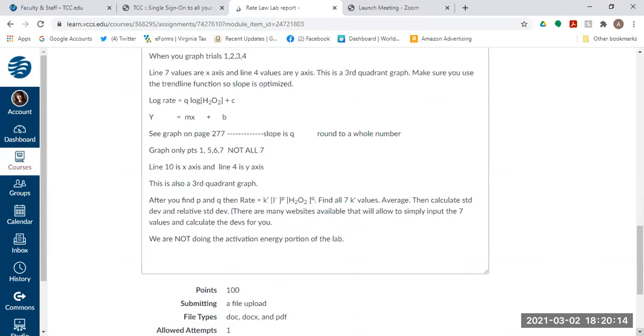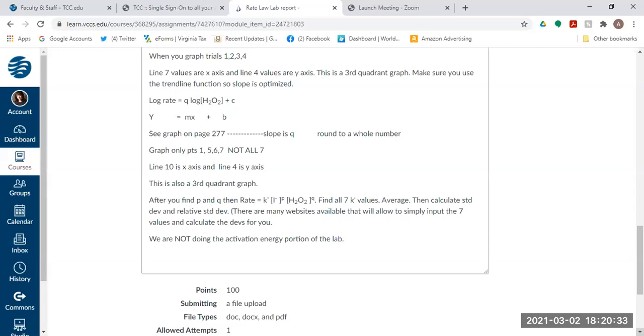I will also tip you off: they're all relatively small values. Average them. And this is one of the very, very few reports where we're actually going to pay a little bit of attention to standard deviations. Google it.